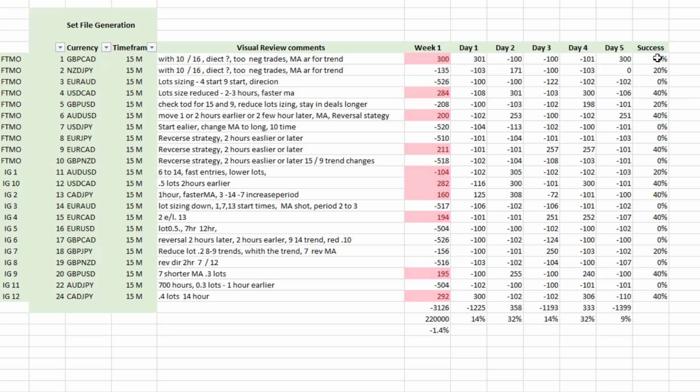You can see the success rate has been really poor. The highest success rate was 40%, and you can see the daily success rates have been extremely poor. 14%, 32, 14, 32, 9%.